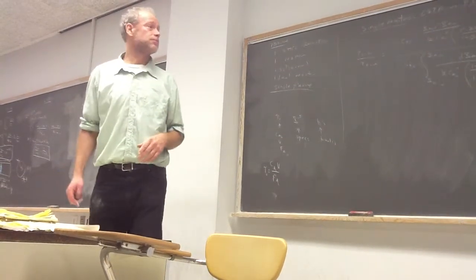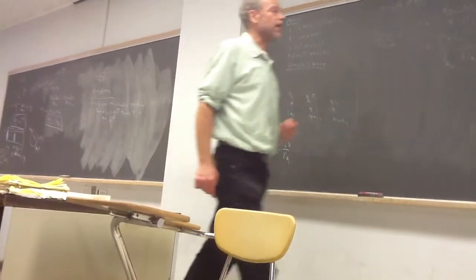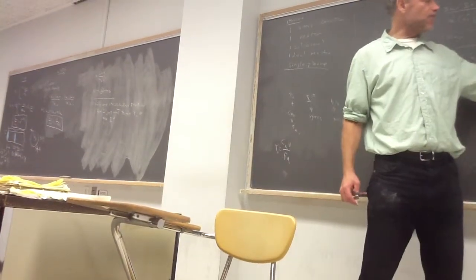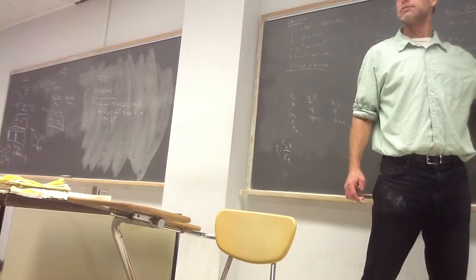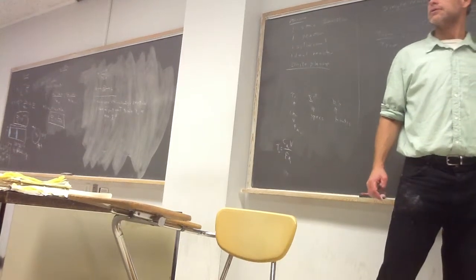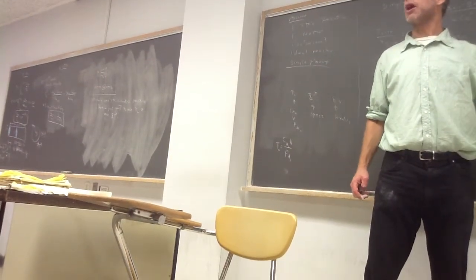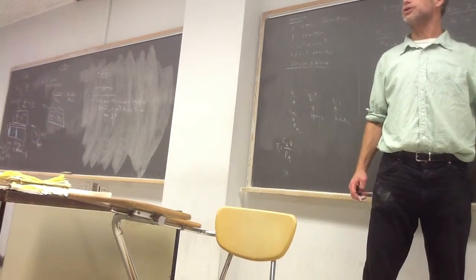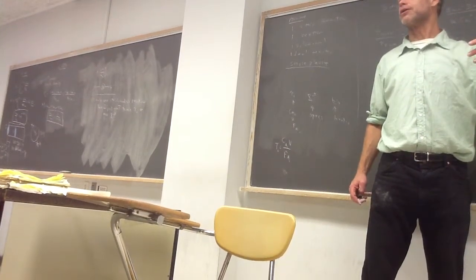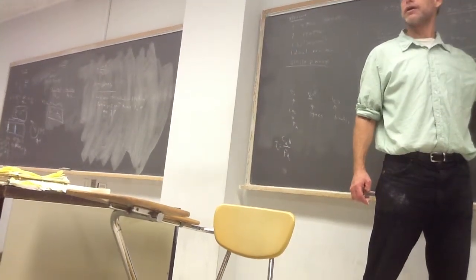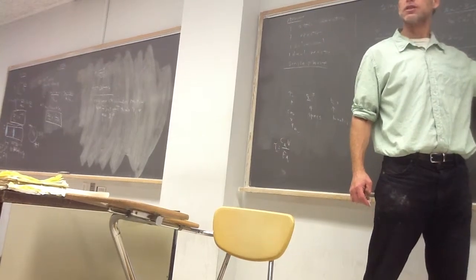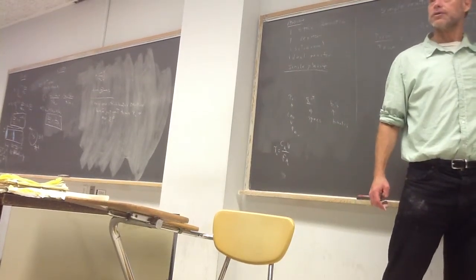The higher the concentration, the higher the rate. I have a higher concentration at the inlet than at the outlet. So if the rate is higher at a higher concentration, 1 over the rate is lower at a higher concentration. The inlet is the high concentration, so 1 over the rate is lower here than it is here.